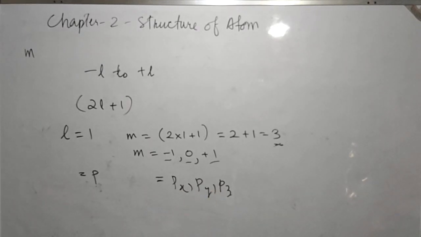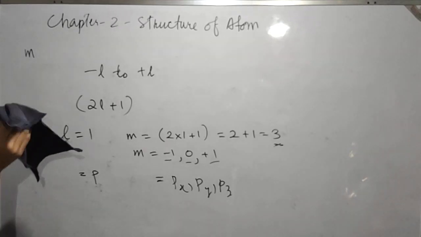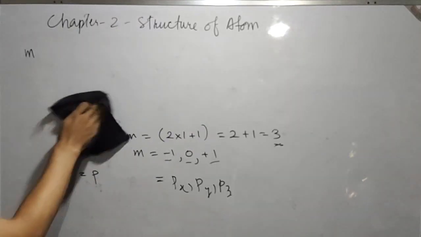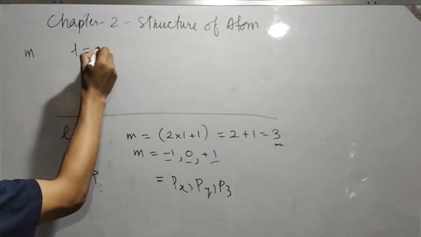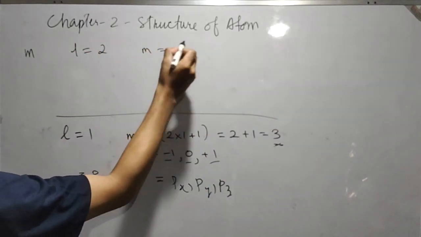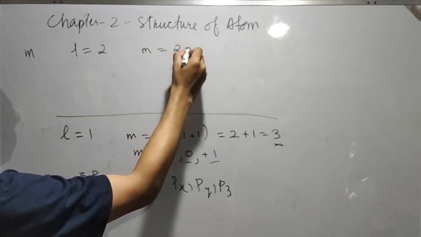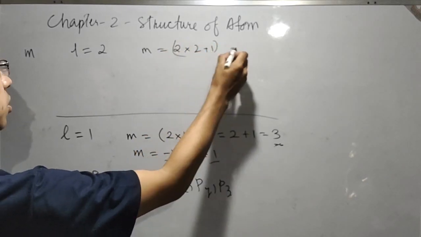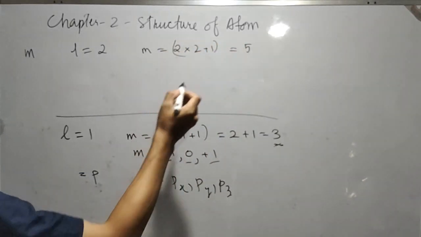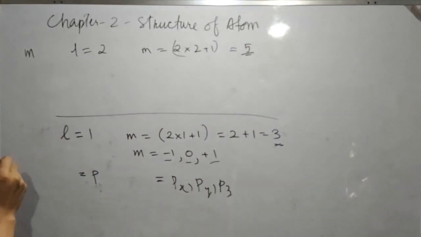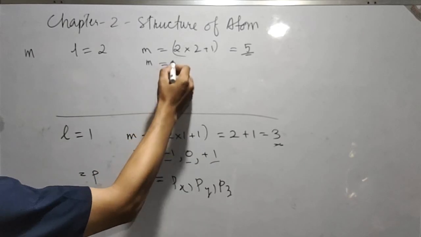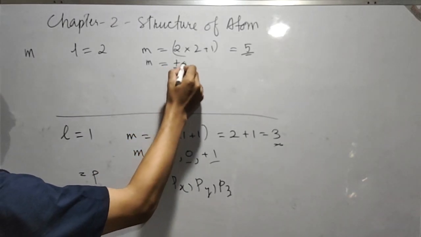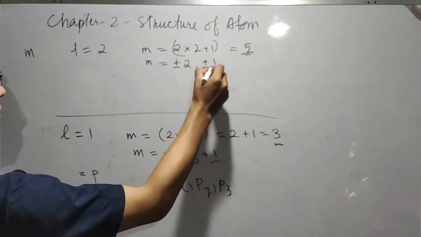And if L is equal to 2, then m will be equal to 2 into 2 plus 1, so it's equal to 5, isn't it? So a total of 5 orientations will be there. What are those 5? Plus or minus 2, plus or minus 1 and 0.